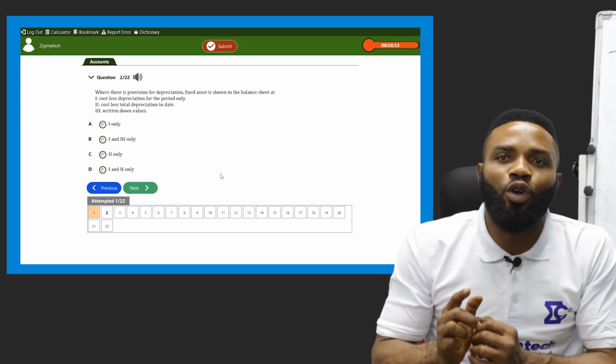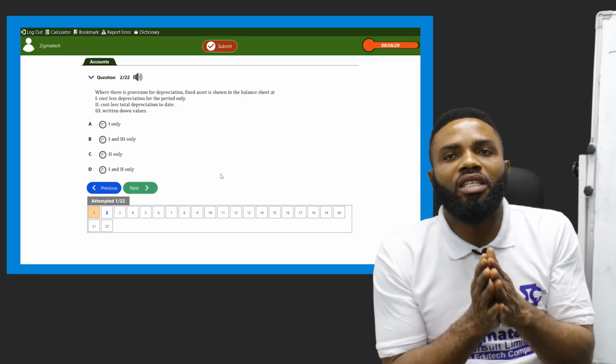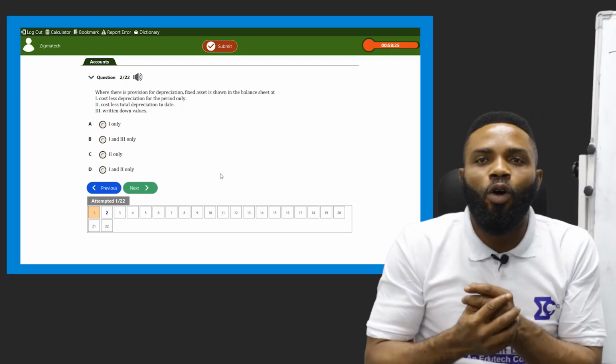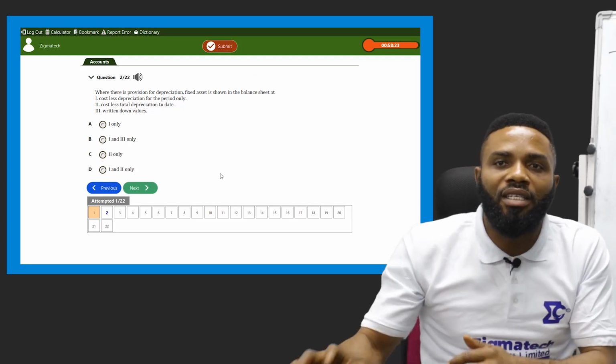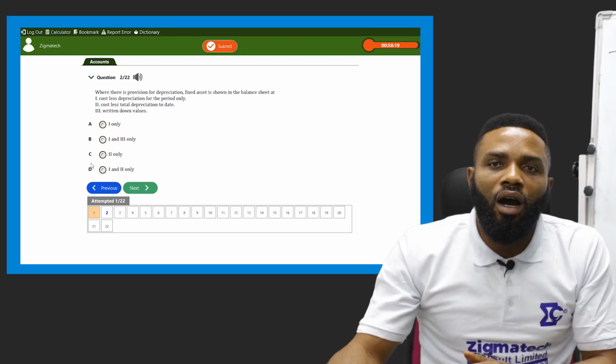It's cost less total depreciation to date. Total depreciation to date means both the depreciation that is charged and the provision for depreciation. So the answer is C, which is number 2, cost less total depreciation.